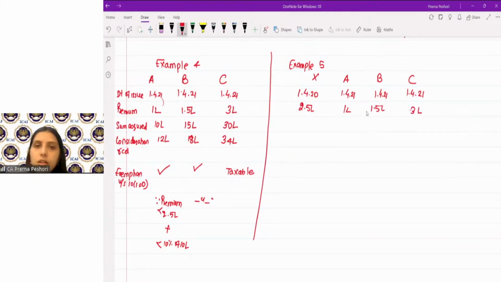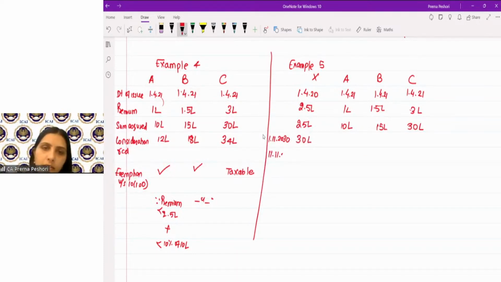Sum assured 25 lakhs, 10 lakhs, 15 lakhs, and 30 lakhs. Consideration received for X as on 1/11/2030 is 30 lakhs.